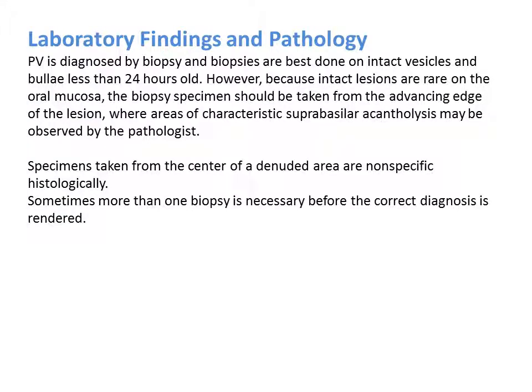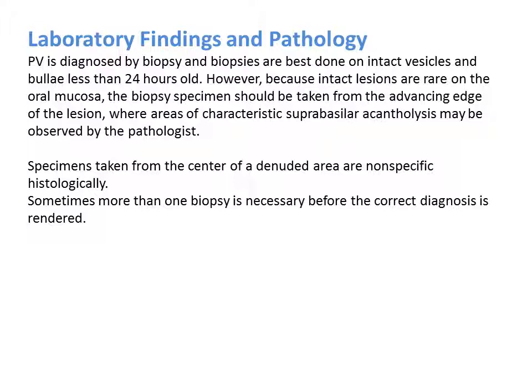Laboratory findings and pathology. Pemphigus vulgaris is diagnosed by biopsy, and biopsies are best done on intact vesicles less than 24 hours old. However, intact lesions are rare on the oral mucosa because they rupture quickly. The biopsy specimen should be taken from the advancing edge of the lesion, where the characteristic suprabasilar acantholysis may be observed.